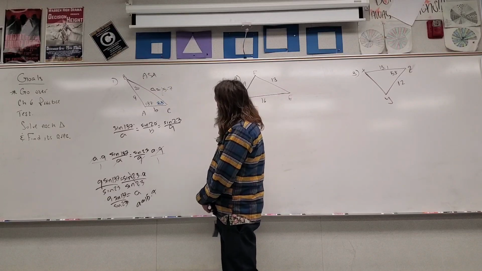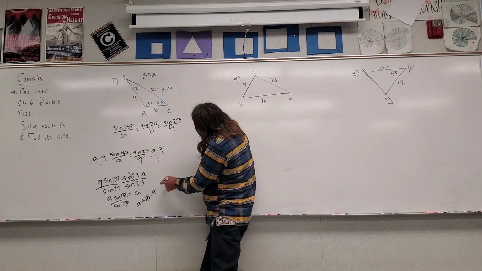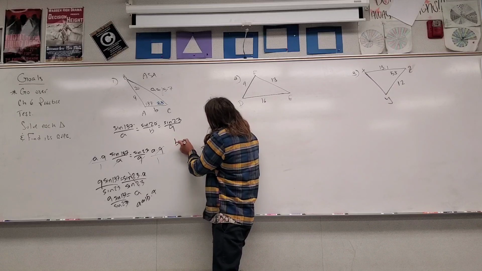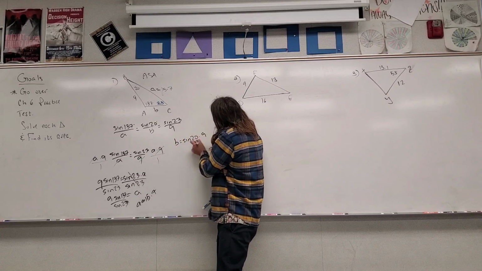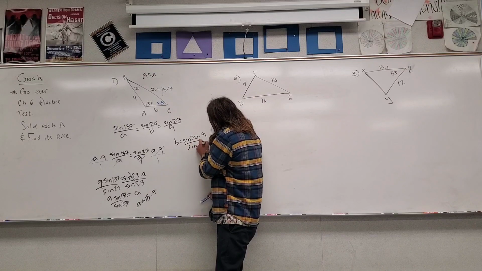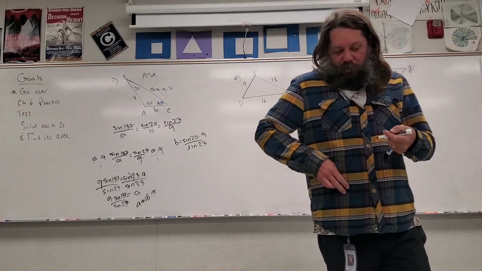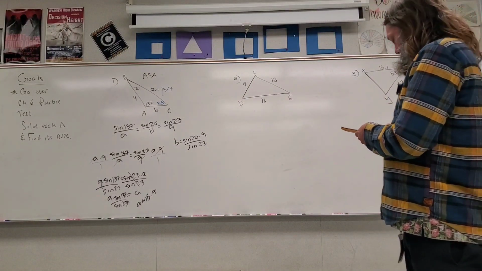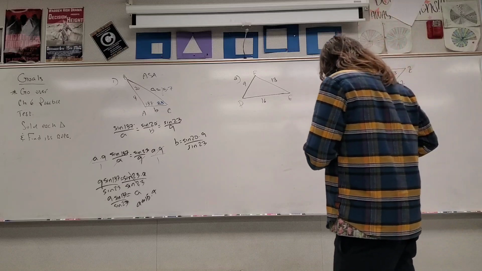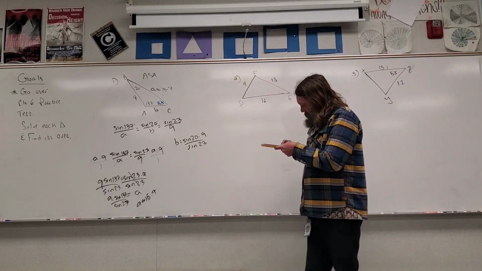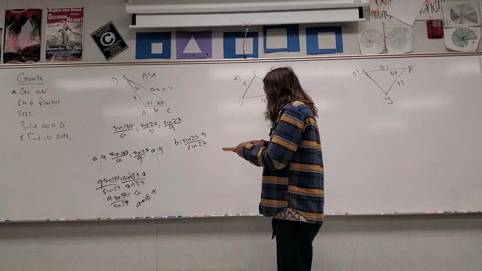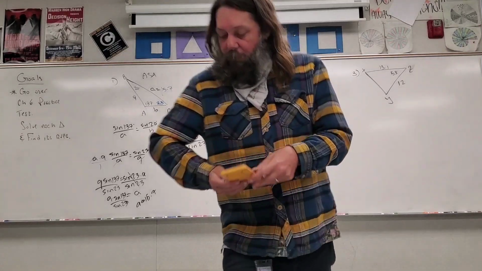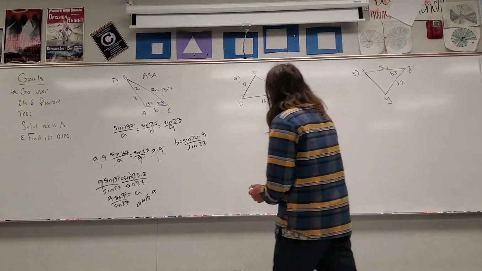So B equals sine of 20 times 9 divided by sine of 23. Let's put that in our calculator. Make sure you close those parentheses. That's 7.87, which rounds to 7.9.